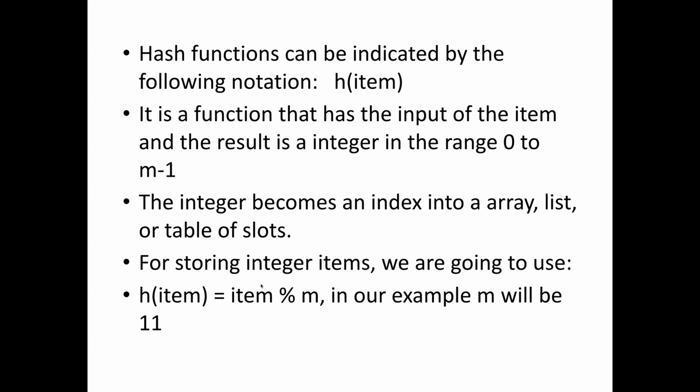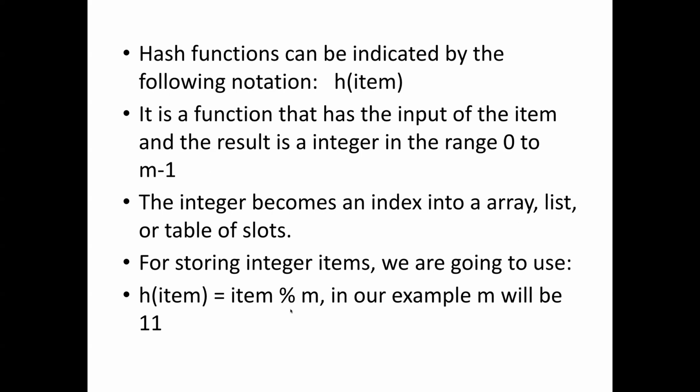A typical function that can satisfy all these properties is the modulo function. Remember modulo? It gives you a nice property: for item modulo m, the maximum number that can come out is less than m, right? 0 to m minus 1. So that satisfies property number 2.